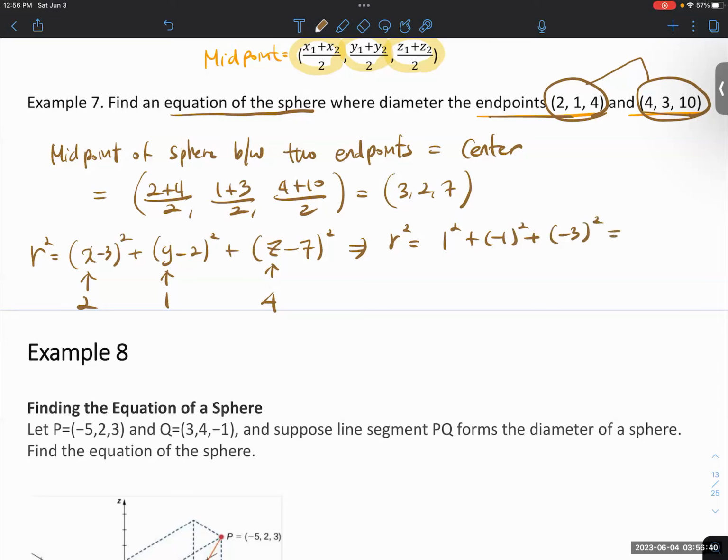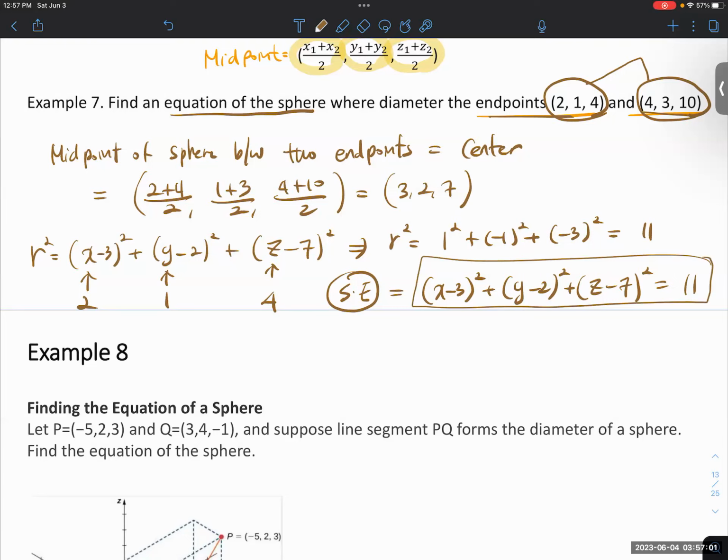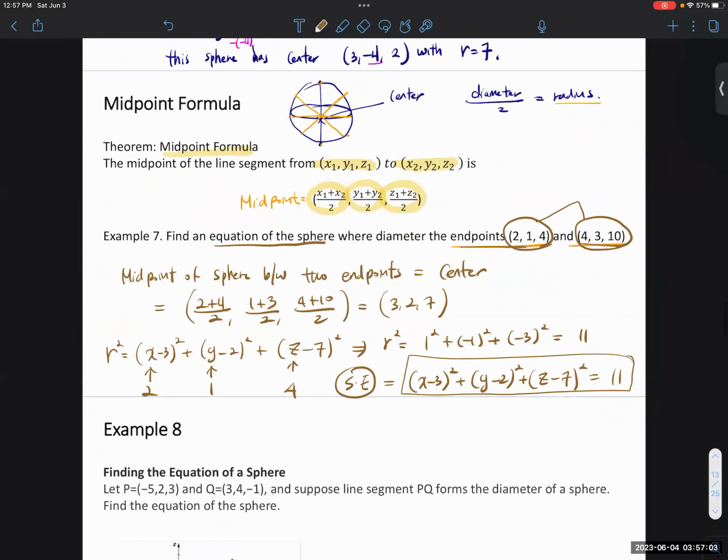So that would be 1 plus 1 plus 9, 11. So r squared is 11, r is radical 11. So therefore, your sphere equation finally is x minus 3, y minus 2, z minus 7, equals 11, with r squared. Does it make sense to you? If you have the midpoint of two points on the sphere, half of it is going to be the center. So you can find the equation of the sphere as well.